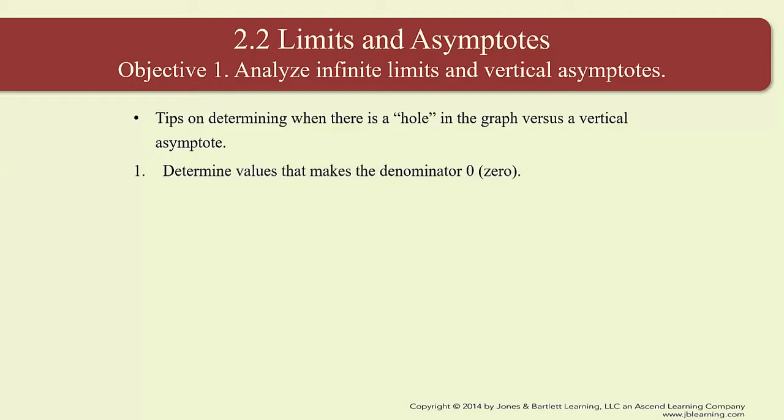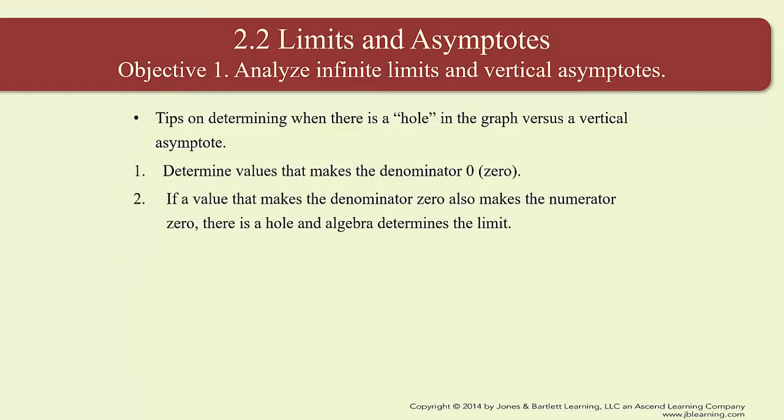So first thing, determine all values that make the denominator 0. Anything that makes the denominator 0 is doing one of two things: producing a hole in the graph or producing a vertical asymptote.